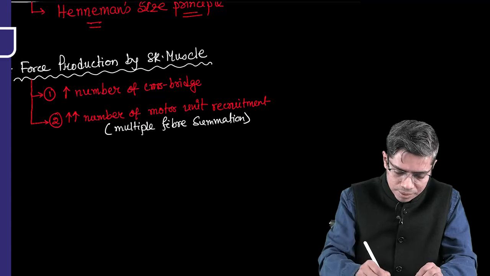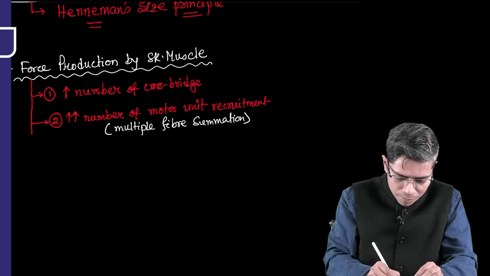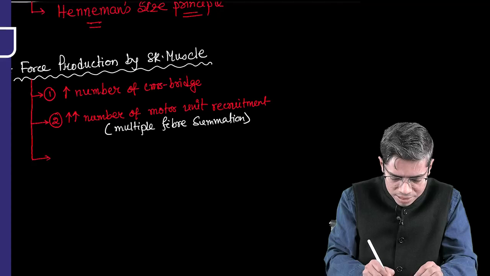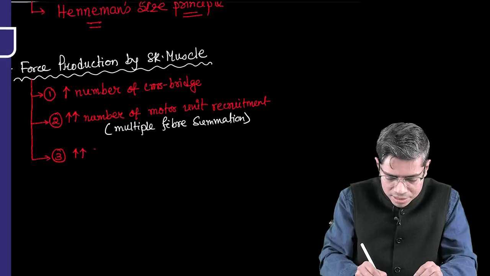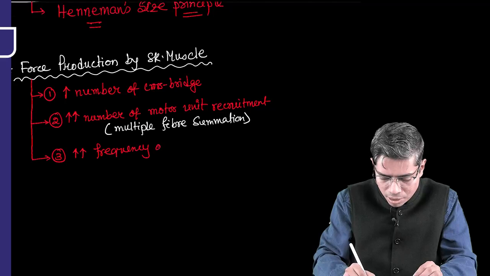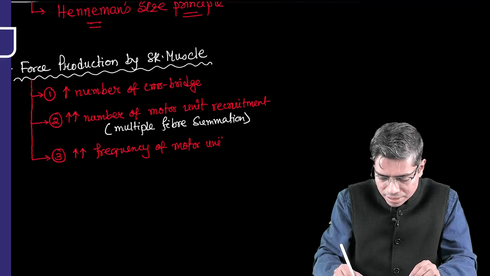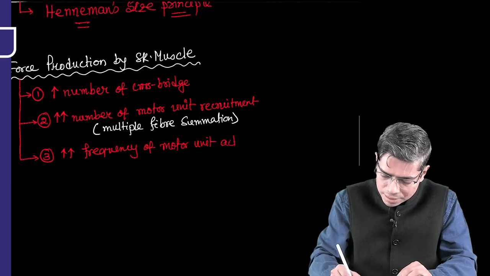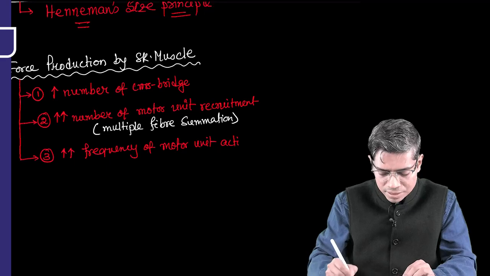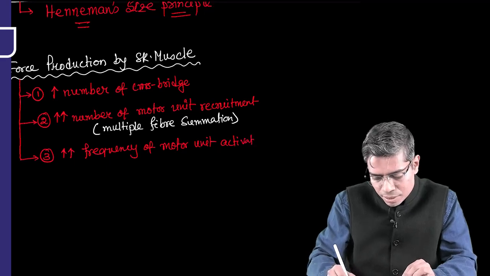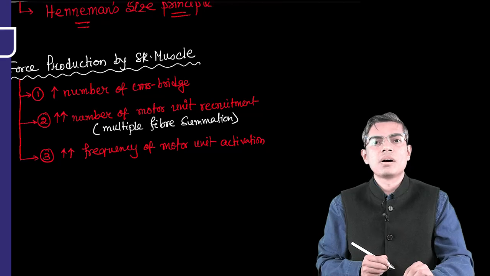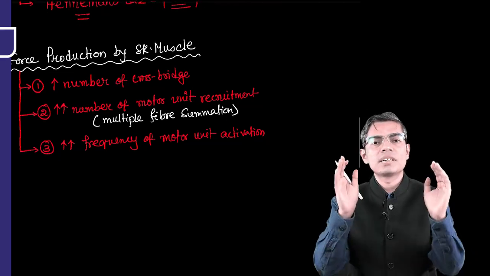The third way of increasing force production by the skeletal muscle is increased frequency of motor unit activation. So now we are going to discuss this. What is the meaning of that?